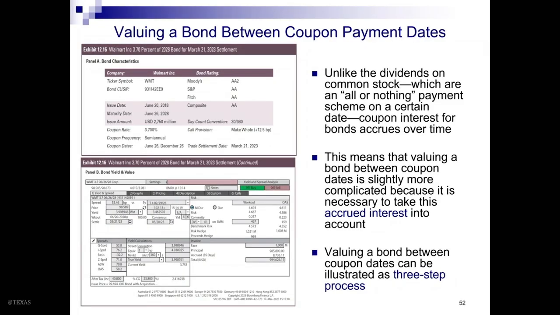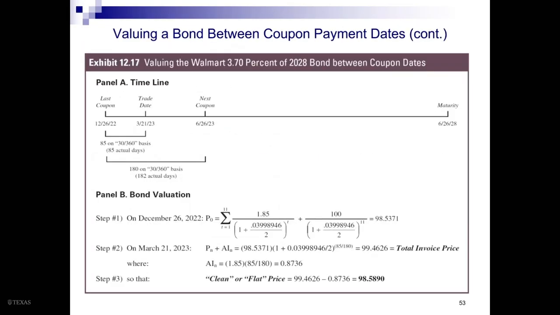We're going to do this in 3 steps. First of all, we've got to figure out what percentage of the year, or of the 6-month period, Brian has been the holder of the bond. How much of that period is he entitled to in terms of the interest payment?